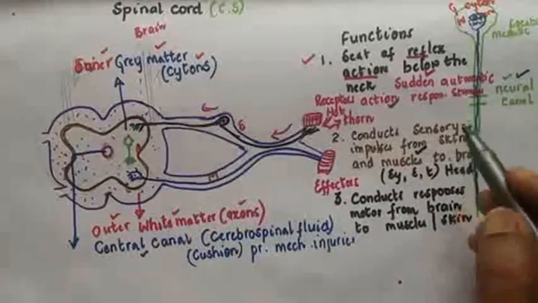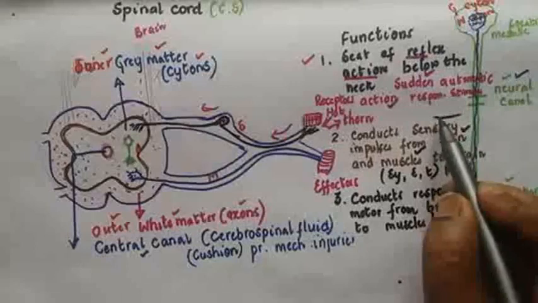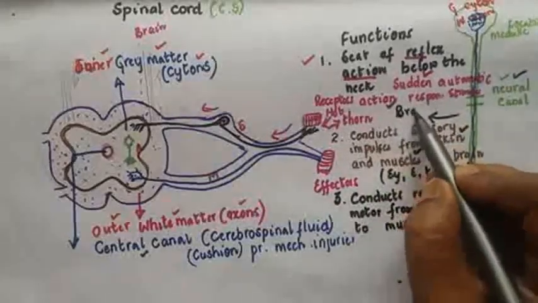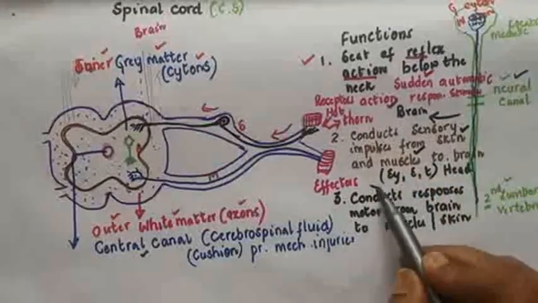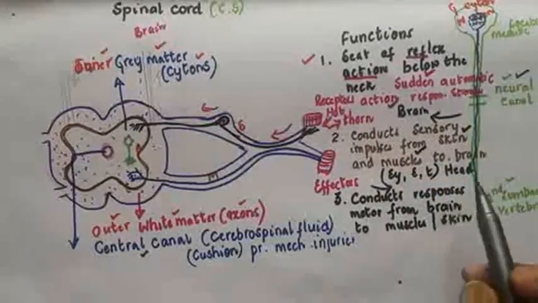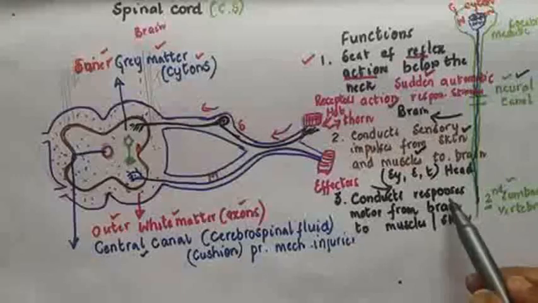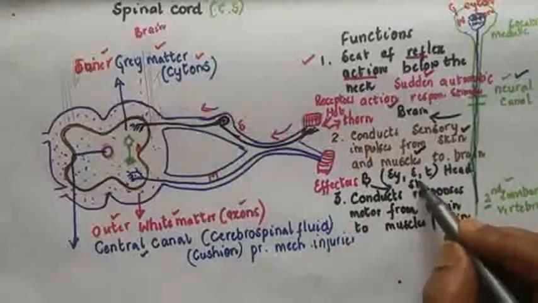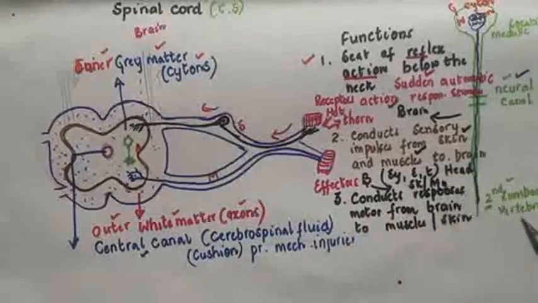So if you remember, this is the sensory impulses, that is from skin and muscles towards the brain, right? And it conducts the responses. Look at the children here. Responses, that is from brain towards the skin and the muscles.